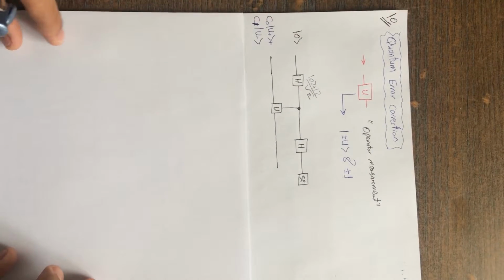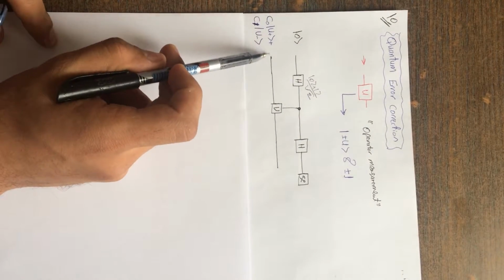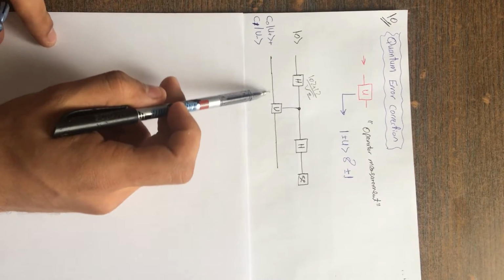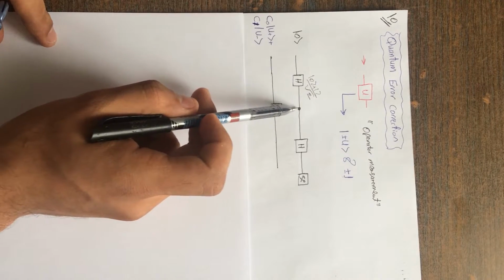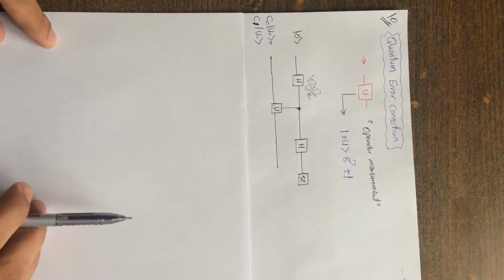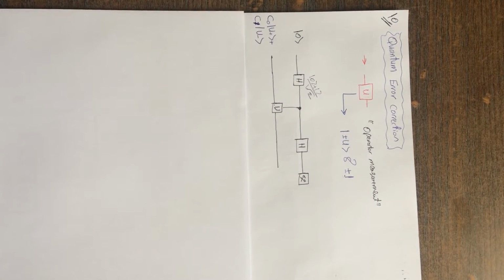Another system is inserted here that will evolve unitarily over U, and with this controlled NOT gate, we will see what happens for this operation.